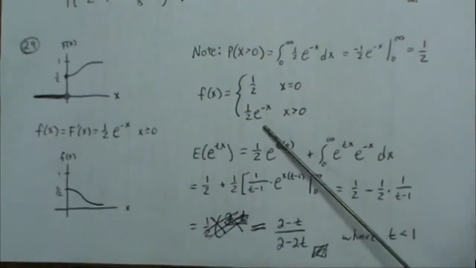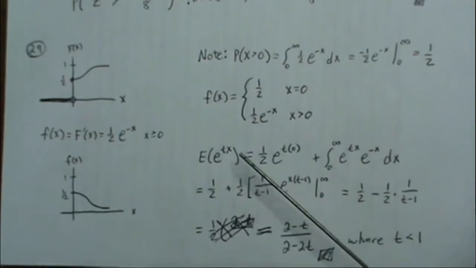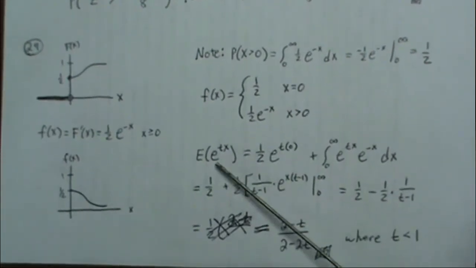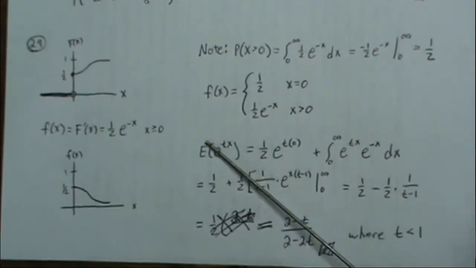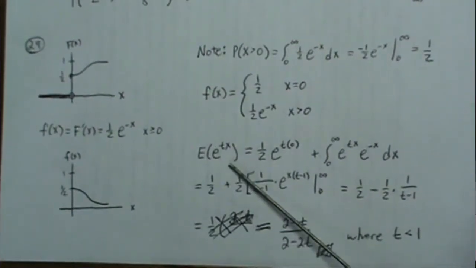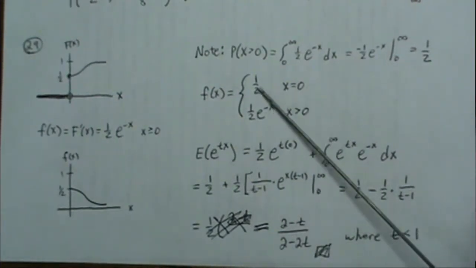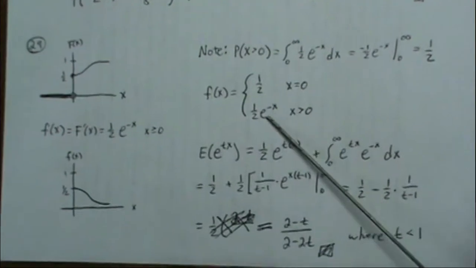So to find the expected value of e to the tX, this is the definition of a moment generating function, you have to take it over each region.